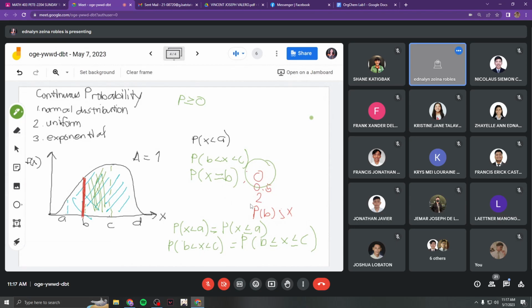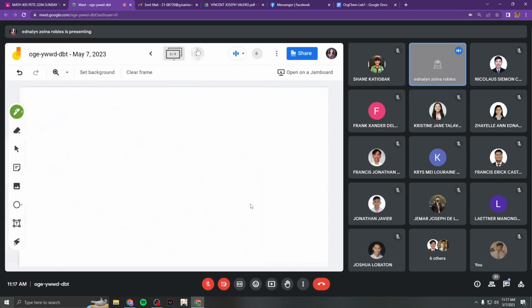So next family in the continuous probability is the uniform distribution. In uniform distribution, the graph shows this. This is our x and this is our f of x. F of x, we do have a starting point and end point also, A and B, and the graph looks like a rectangle.